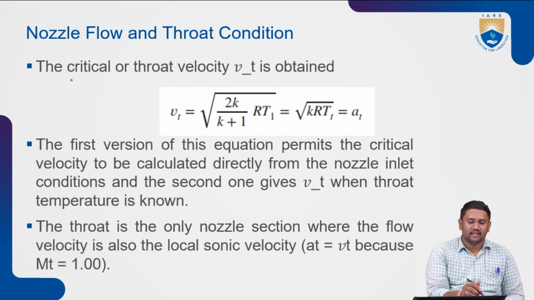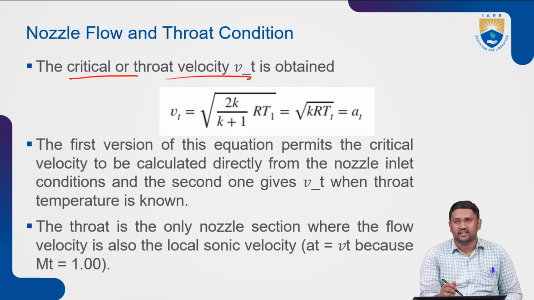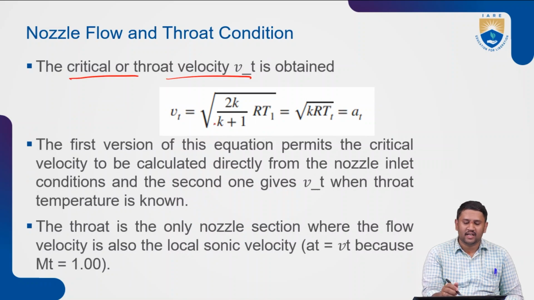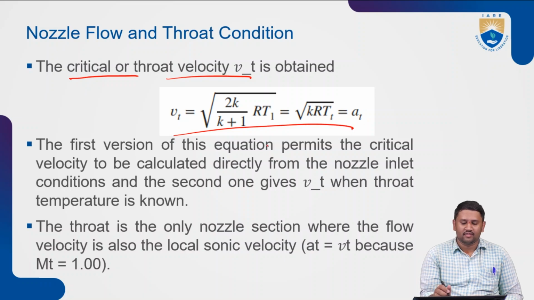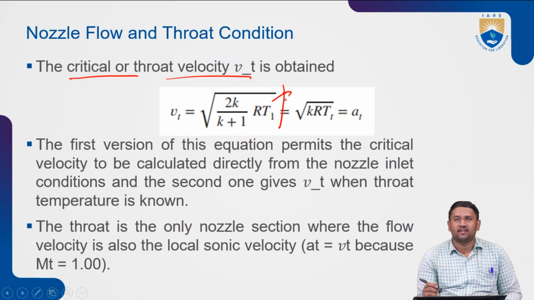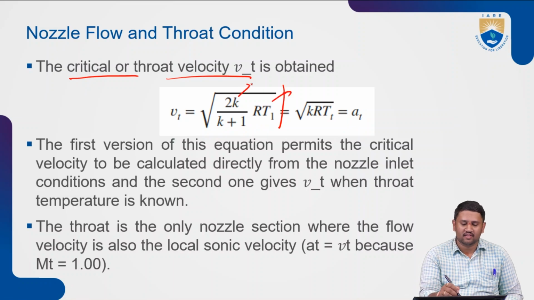Now, the critical or throat velocity, Vt, is obtained by this formula. The first version of the same equation permits the critical velocity to be calculated directly from the nozzle inlet conditions, particularly the temperature at the beginning of the nozzle and the gas constant.